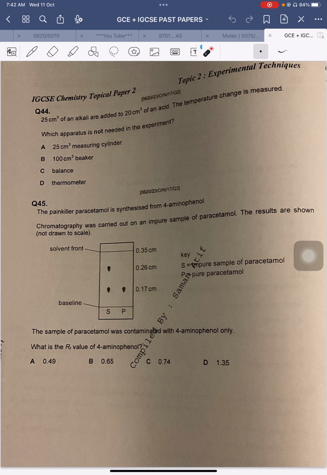It is the distance traveled by P divided by the distance traveled by the solvent. Again and again we are practicing the same type of questions to tell you how to calculate the Rf value. I am telling you again and again, it is the smaller distance divided by the bigger distance: distance traveled by the spot divided by distance traveled by the solvent. The solvent distance is called the solvent front.